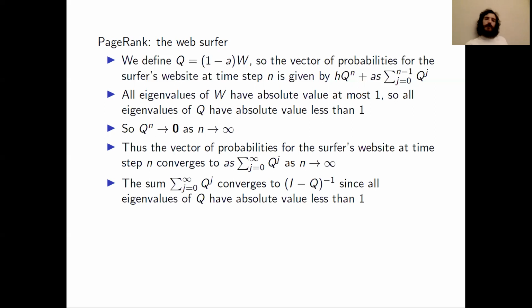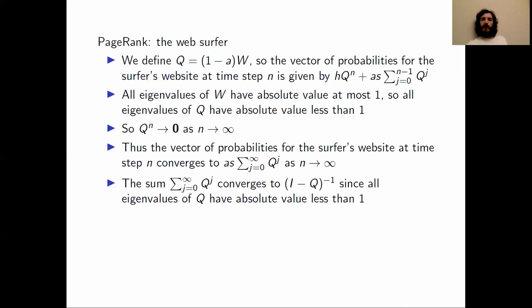Now that sum, if we take off the AS part and just look at the sum j equals 0 to infinity of Q to the j, converges because all of the eigenvalues of Q have absolute value less than 1.